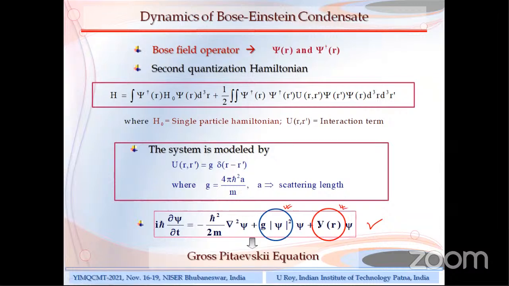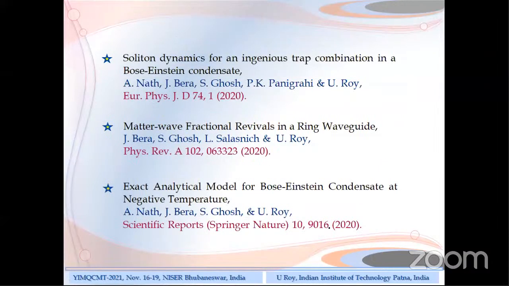But most of the applications are carried out experimentally by tuning the trap. However, if you change the trap, there is also a passive change in the nonlinearity in the system. That is also well understood. Yeah, so there are some works of ours in recent time which will be mentioned in this presentation. So that's why I have given this reference here.